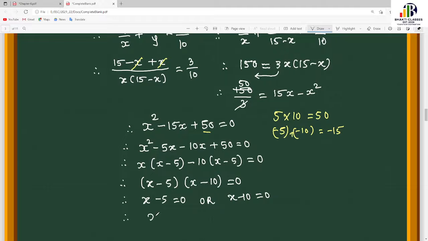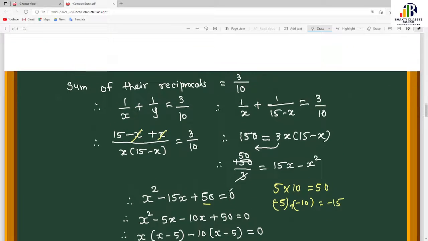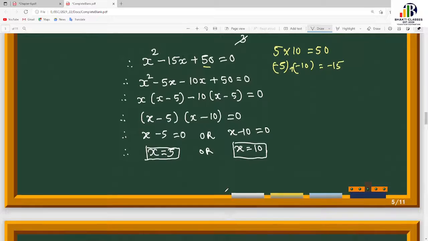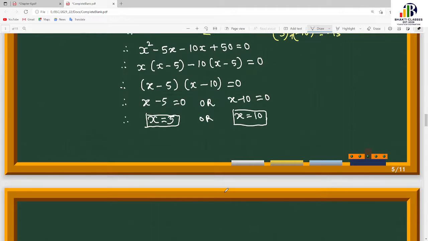Therefore, x is equal to 5, or x is equal to 10. So there are two values of x. So we can take the values of x and find the value of y, that is another number.